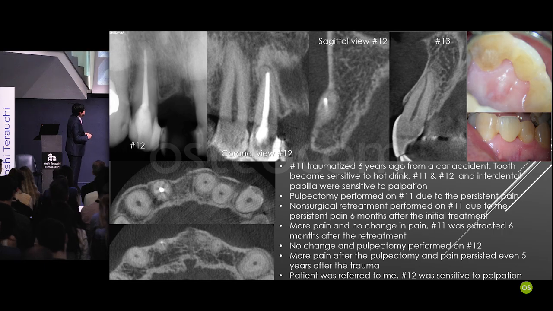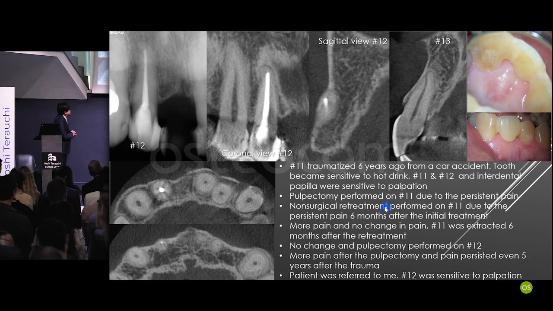A patient was a 37-year-old female. She had a car accident 6 years ago, and she had traumatized tooth number 11. She had sensitivity to heat on tooth number 11 and tooth number 12, and also the interdental papilla was sensitive to palpation.